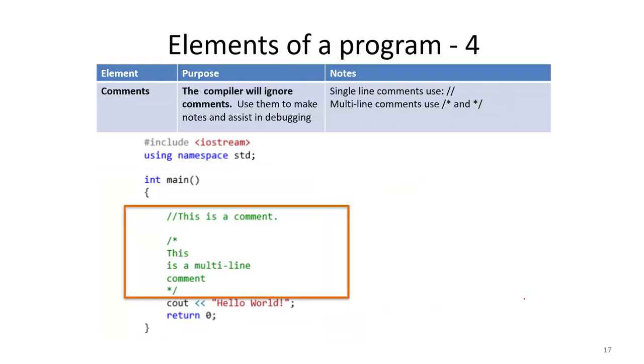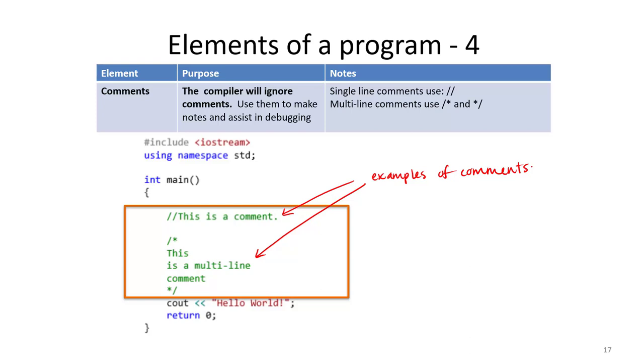All right, our next element is comments. And you can see here we have some examples of comments in our slide. Comments are lines of code that are ignored by the compiler. And you might think, well, if the compiler ignores them, why do we need them?